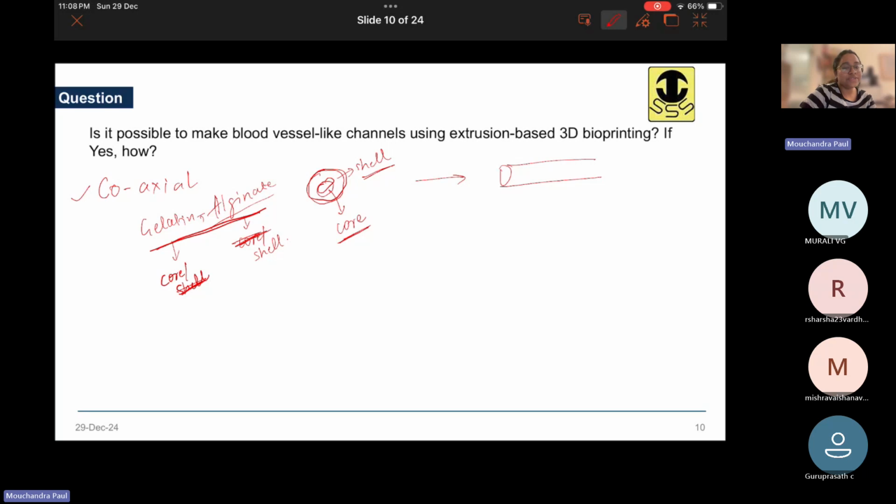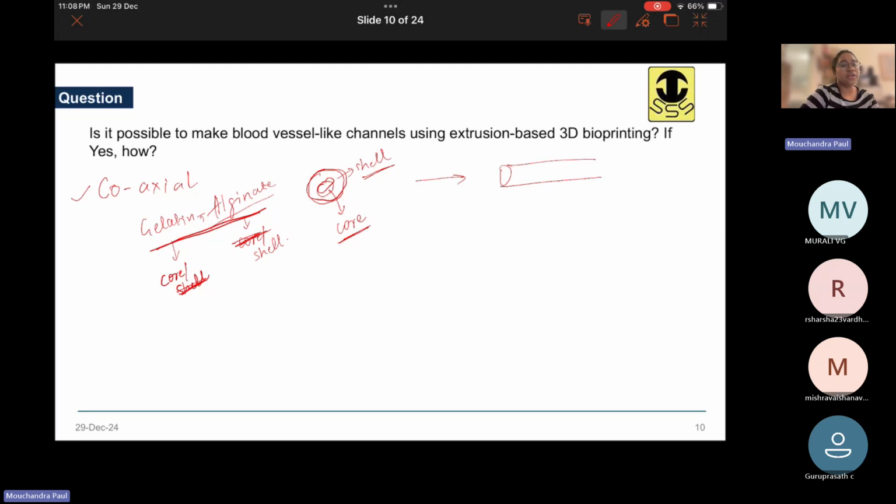So what you can do is very simple. You can just prepare the gelatin solution, but rather than using water to prepare it, you can use calcium chloride solution, or mix some volume of calcium chloride solution with gelatin, because gelatin won't get affected by calcium chloride at all.